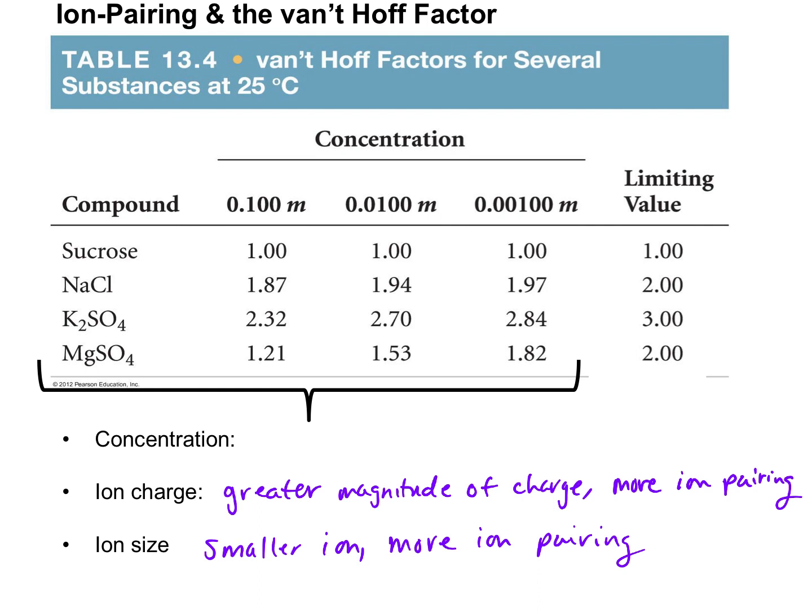And we saw the effect of concentration. It's pretty clear from this table. As we increase the concentration, the Van't Hoff factor decreases. i decreases, and that's because we have more ions in solution. They have a greater chance of interacting with each other.